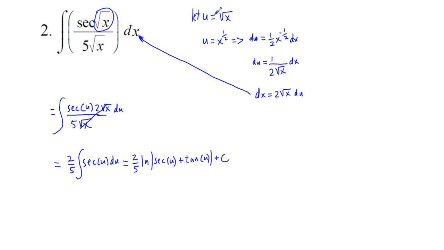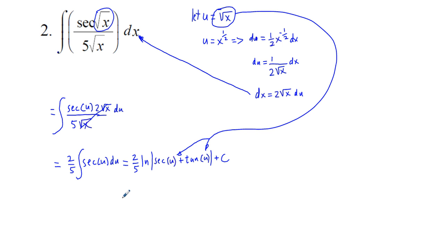And now we can take our u value of square root of x, put this in here, put this in here, and we end up with 2/5 natural logarithm of absolute value of secant square root of x plus tangent square root of x plus c.